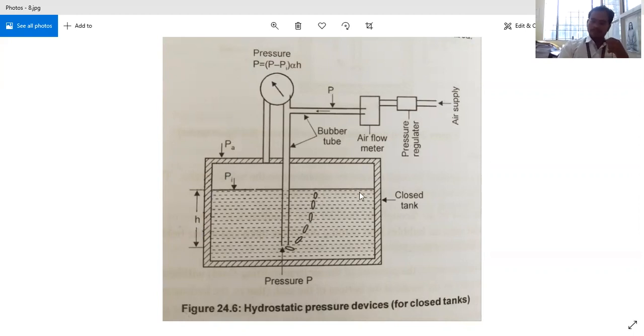Now coming to its operation, we fix this bubbler tube in the tank, such that when air enters through a pressure regulator and airflow meter, it reaches the bottom and comes out at a slow rate, and the differential pressure is recorded by the differential pressure gauge.